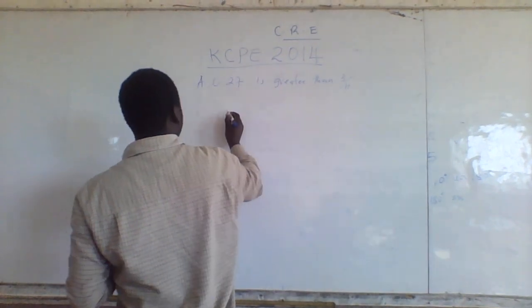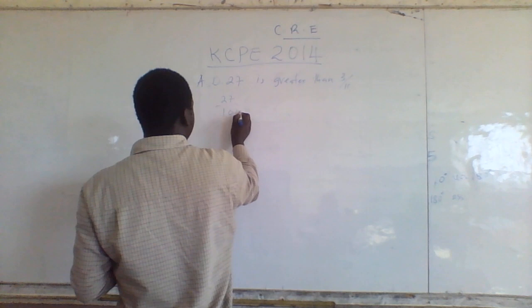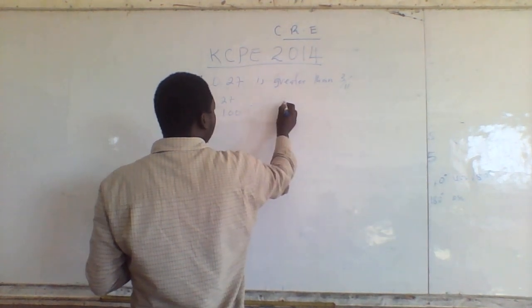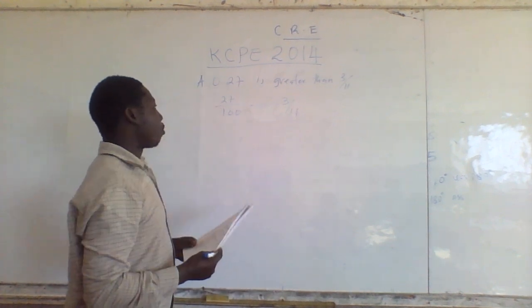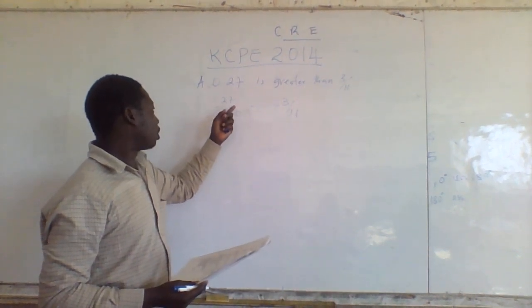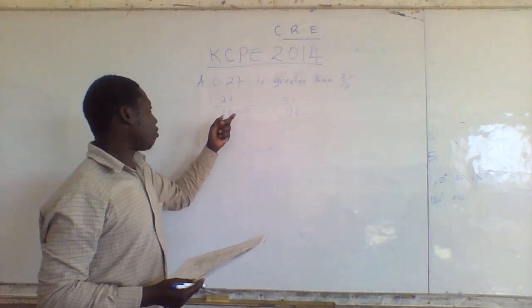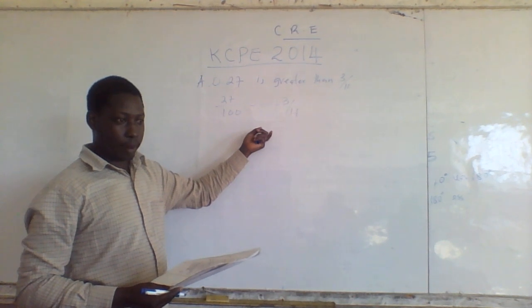This one as a fraction will be 27/100 compared to 3/11. When you compare these fractions, it is simple. 27/100 and 3/11, which one is greater?